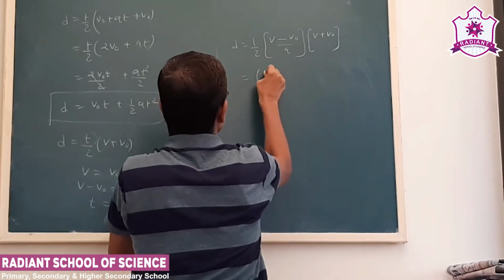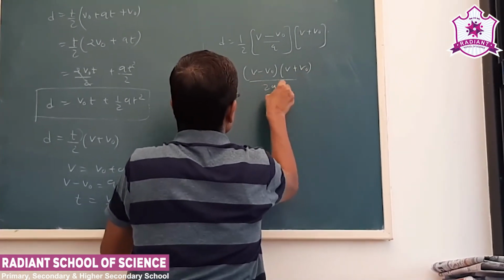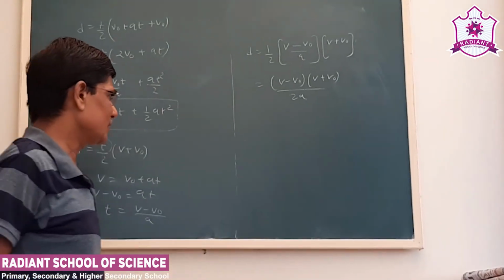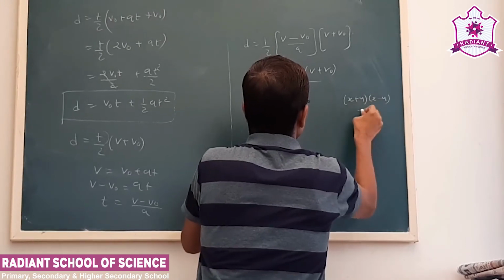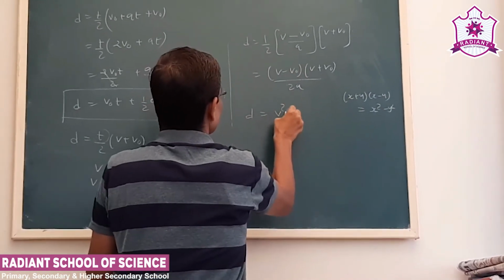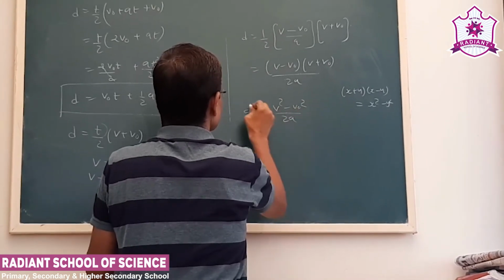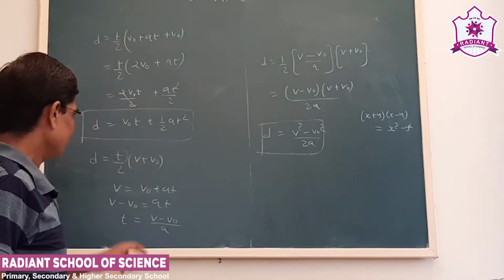Now we can write the numerator like this. We know the expansion x plus y times x minus y is x square minus y square. So d is v square minus v0 square upon 2a. This is another equation for the displacement.